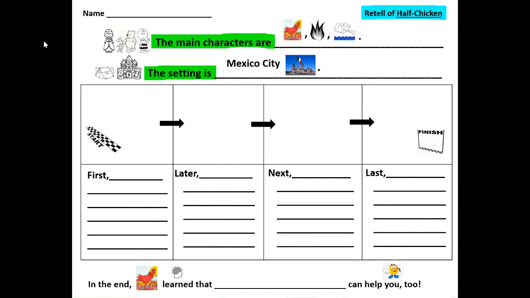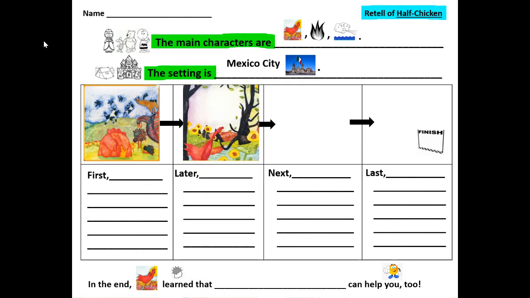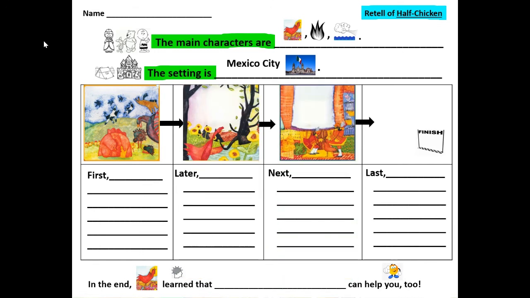The setting is Mexico City, in the farmlands outside of Mexico City, and then actually in the city itself. So now we're going to put the pictures in the correct sequence or order, saying what happened first, later, next, and last.